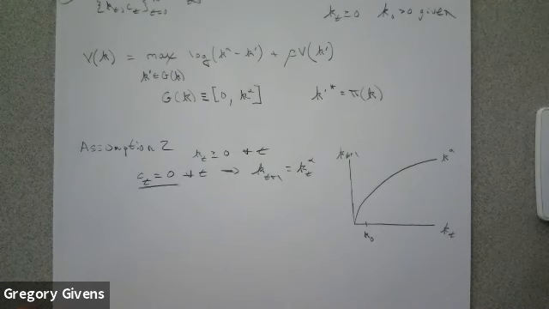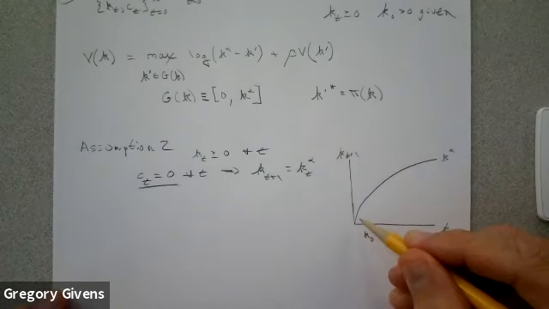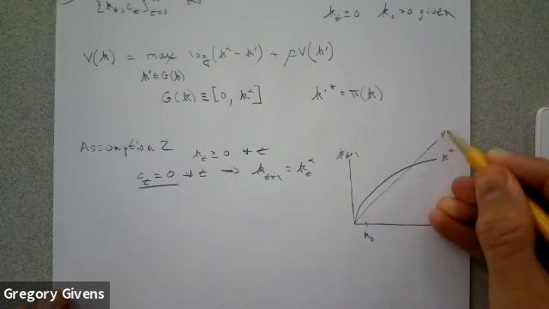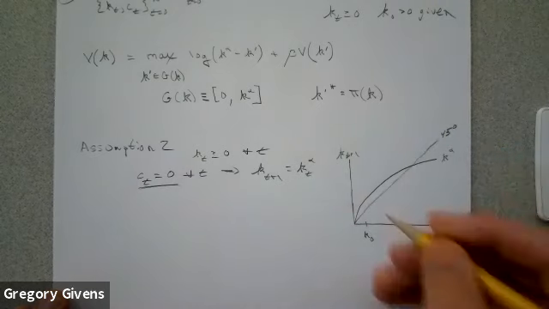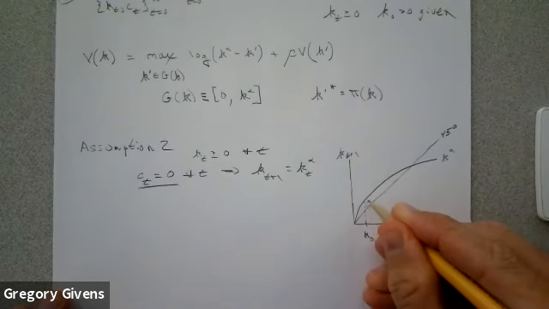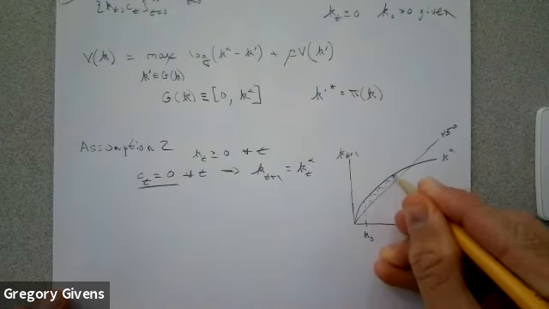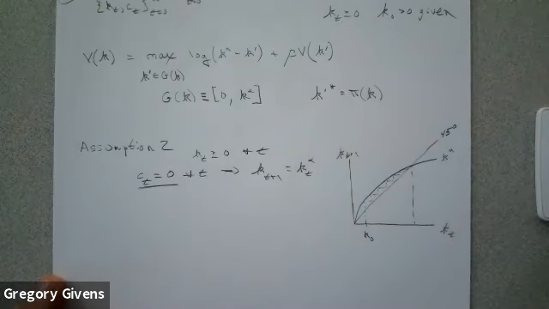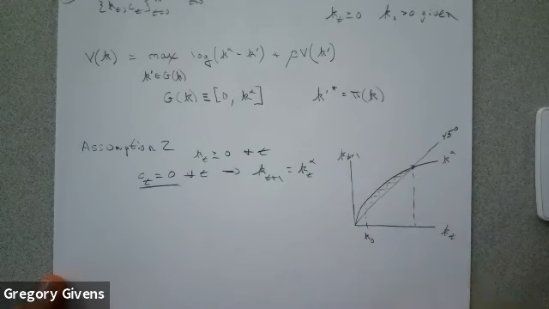We're just going to accumulate capital forever. Well, what's going to happen in this economy? Eventually, the capital stock is going to go to some fixed point at the intersection of K to the alpha and the 45-degree line, right?